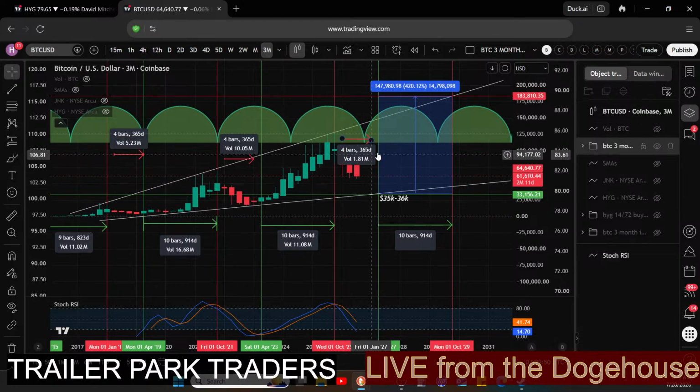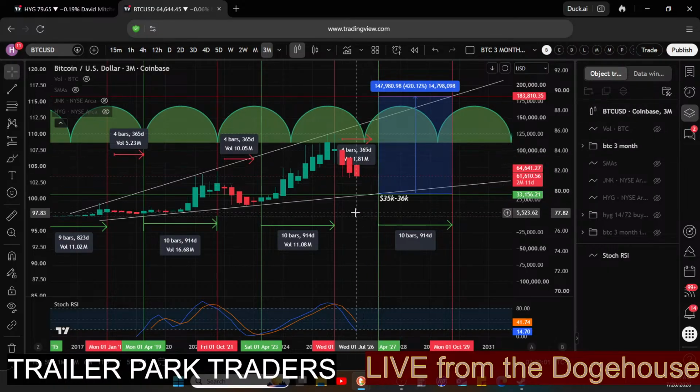Yeah. So somewhere around there. So January of 2027 should be an ideal area between that and April for another buy signal that may be appearing.